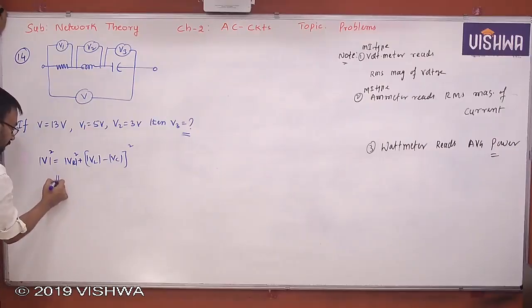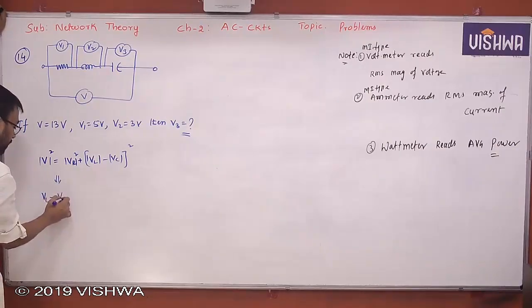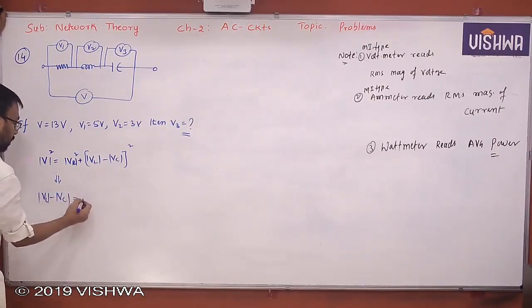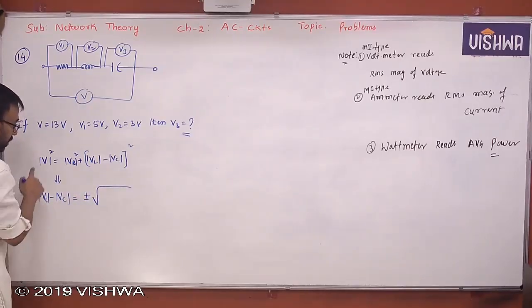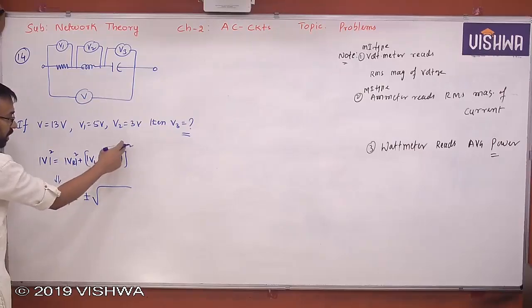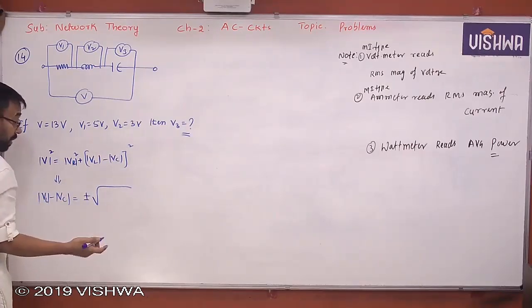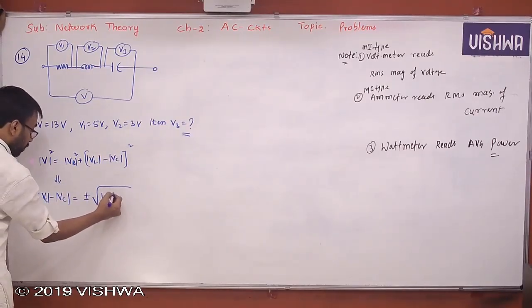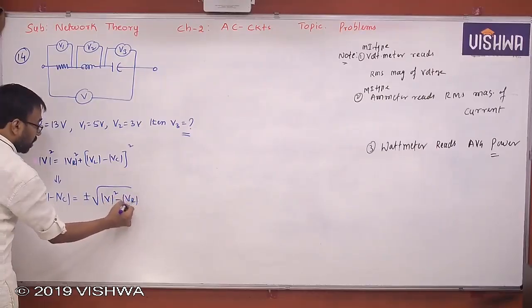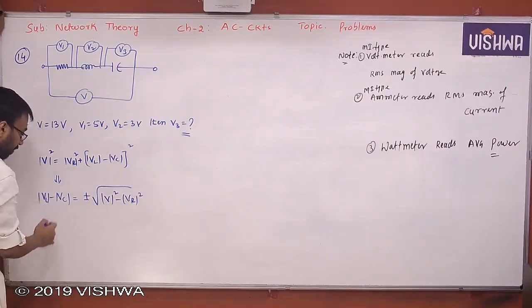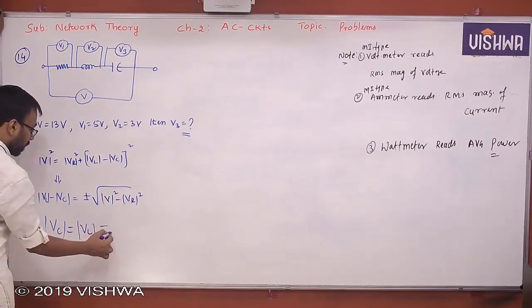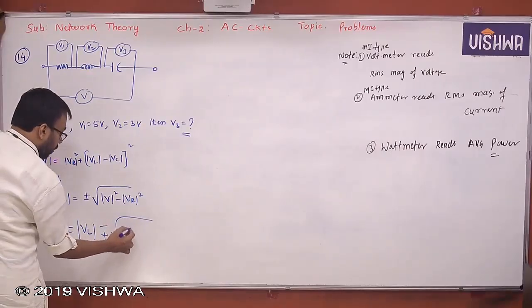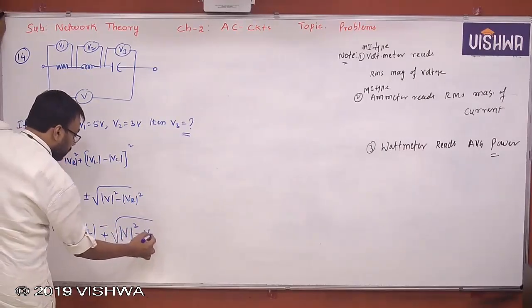From this, VL minus VC magnitude is equal to plus or minus the square root of V square minus VR square. When you remove the square, it may be a positive value or a negative value. So VC is nothing but VL plus or minus the square root of V square minus VR square.